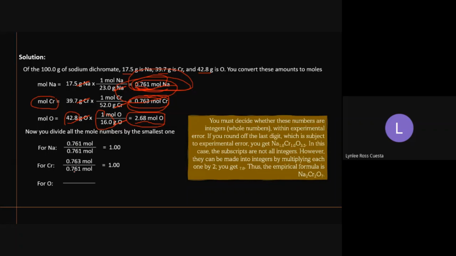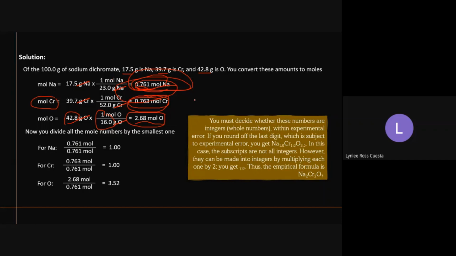For the last one, for oxygen, you have 2.68 mole divided by 0.761 mole. So you have 3.52. Now you must decide whether these numbers are integers within experimental error.